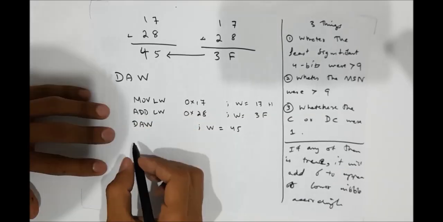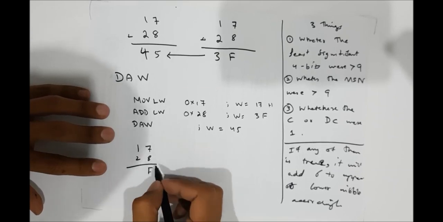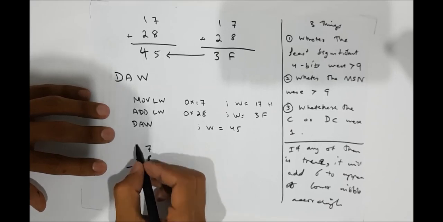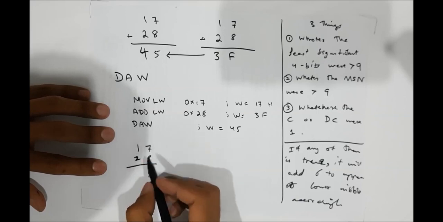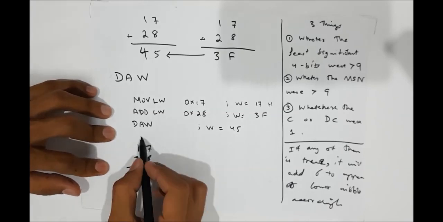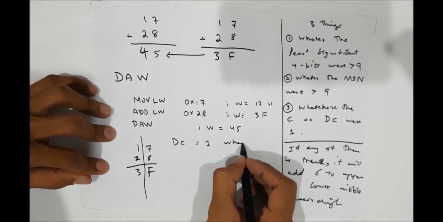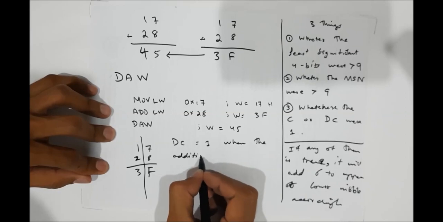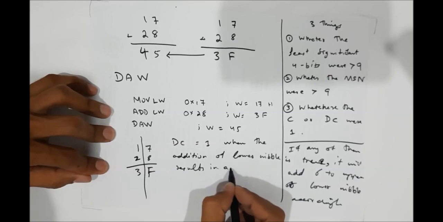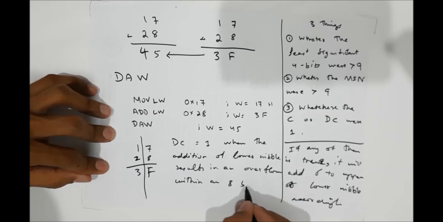Let's see how. 17 plus 28. It was F. 8 plus 7 is 15, and 15 is equal to F, and 2 plus 1 is 3. So this is 3. Now first let's see what digital carry is. Digital carry is equal to 1 when the addition of the lower nibble results in an overflow within an 8-bit number.